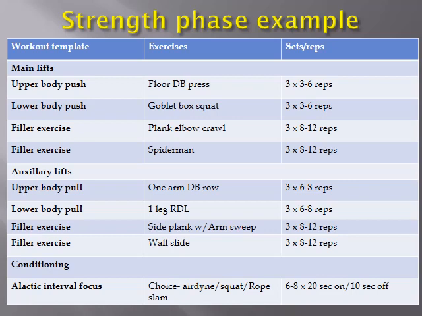All right. For conditioning, you'll notice that now we are doing something like a 20-10, where the goal is to maximally explode, and we're choosing very basic exercises. These should be things that, number one, are very, very simple to execute. I'm not having my client do, say, a power clean in this exercise because there are too many moving parts. It's too difficult.